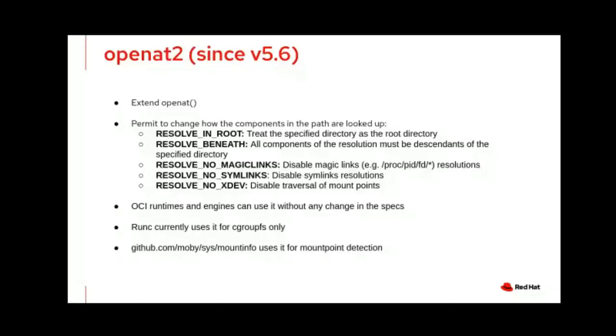But that was racy and complicated, and you have to stat all the components of the path and so on. So finally it got solved within the kernel. It's basically the same as open, but it gives you a number of flags that are listed on the slides, and I won't read them all for you.